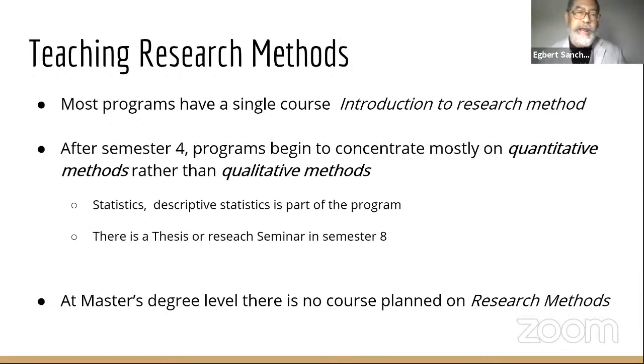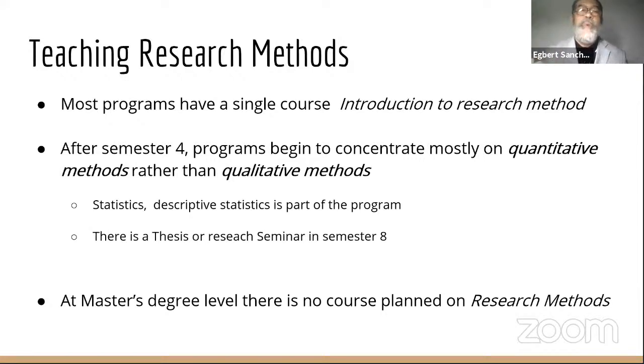Most of the programs have one single course of introduction to research methods. And that is, like we have seen, like the US model, that mostly covers literacy, some research methods, databases, and how to do research.